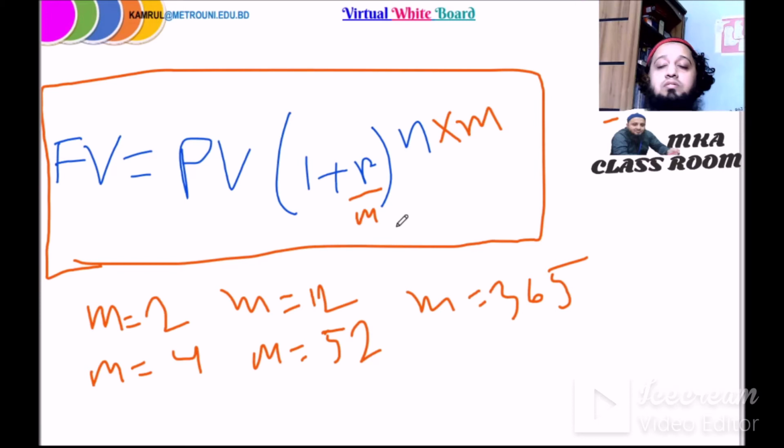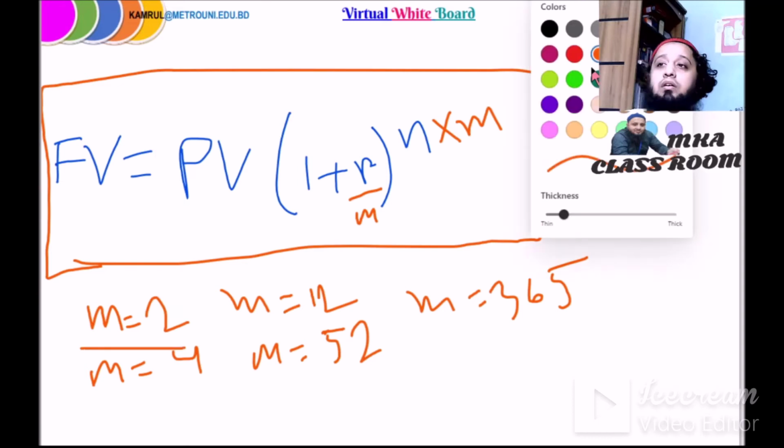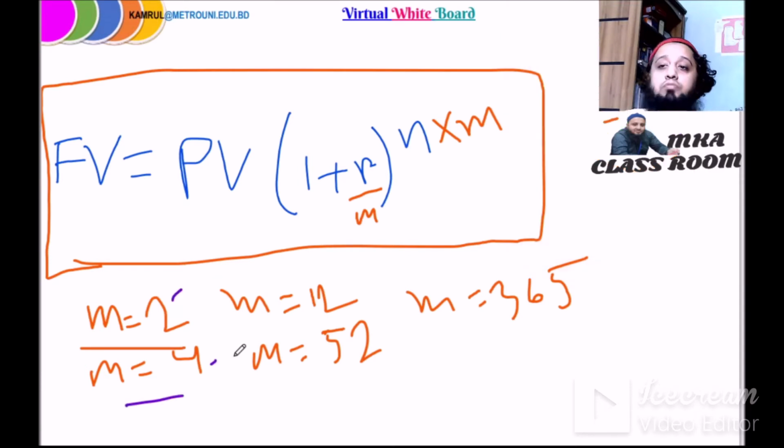FV equal to PV into (1 plus R divided by M) power n into M. So, if it is semi-annual, then this should be 2. If it is quarterly, this should be 4. If it is monthly, this should be 12. If it is weekly, M should be 52 and daily should be 365.